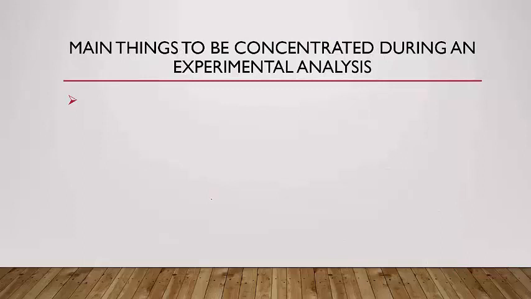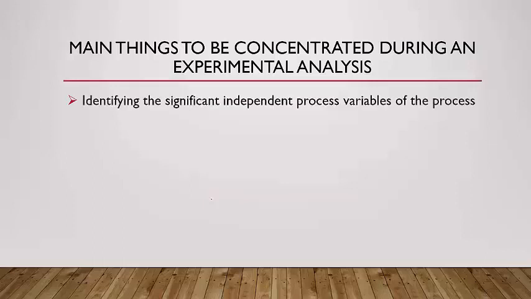In our research work, if we perform any experimental analysis, the main thing we concentrate on is identifying the significant independent variables of the process. This is the foremost thing. Independent variables are nothing but the input parameters of a process which you are going to set for performing the experiments.